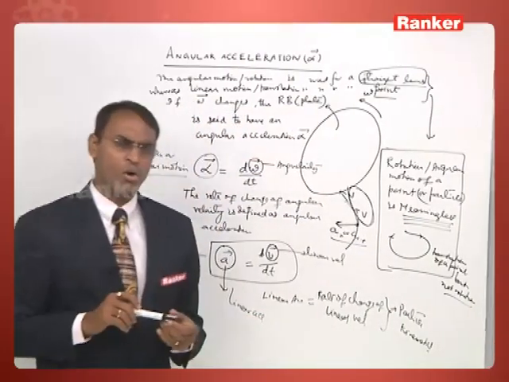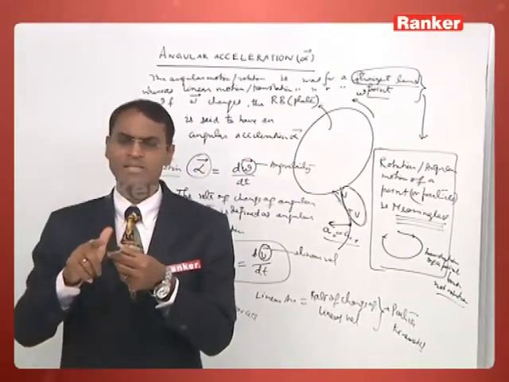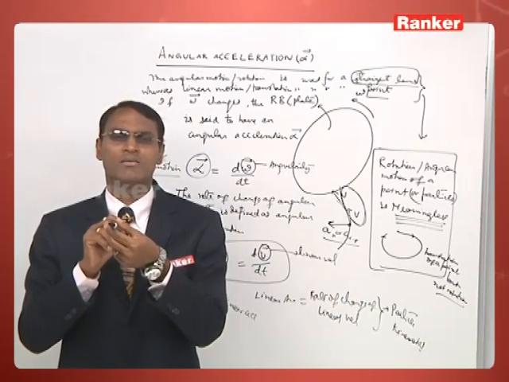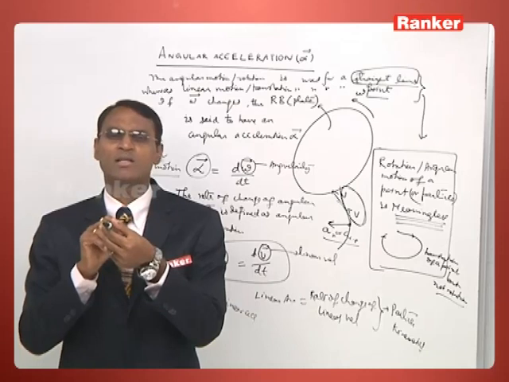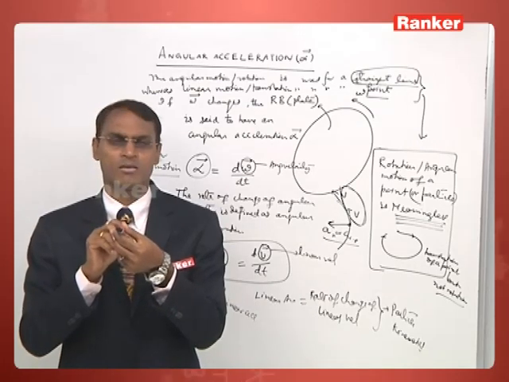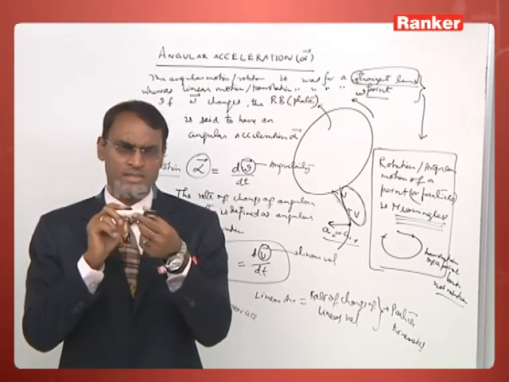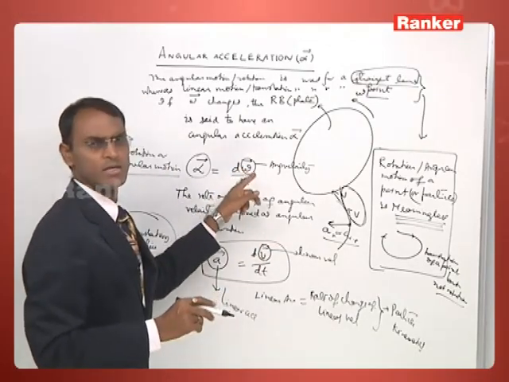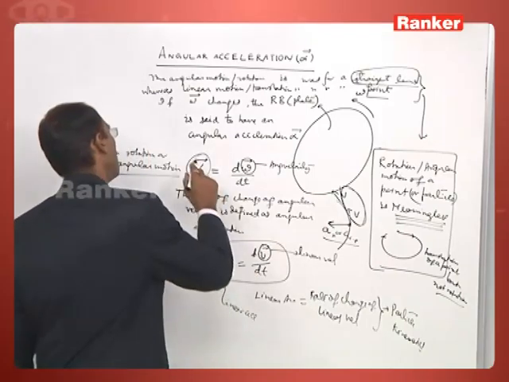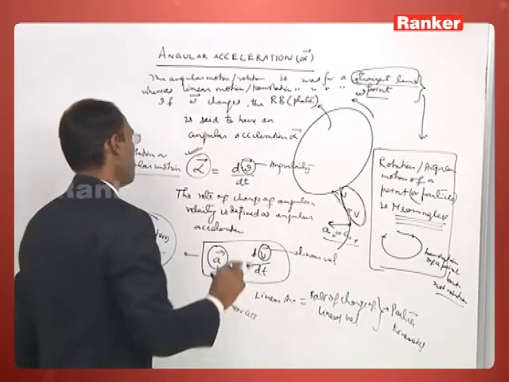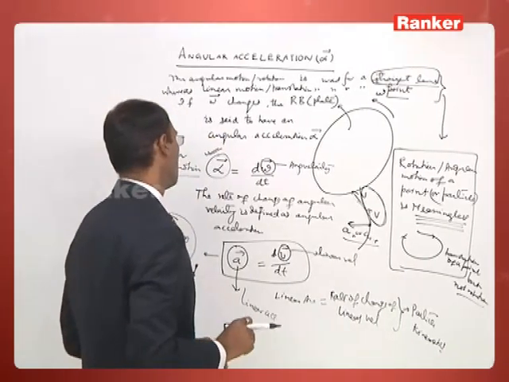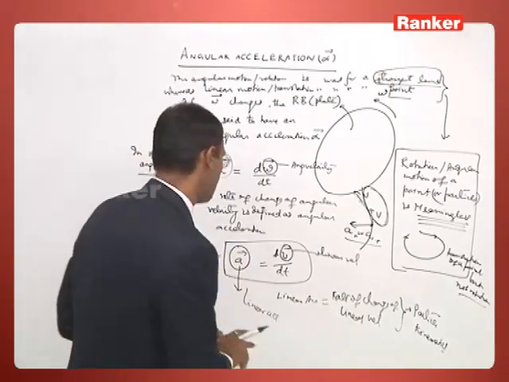While doing so, the axis of rotation, or the direction of the angular velocity, changes. Or when both magnitude and direction of the angular velocity change, the body is said to be having the angular acceleration. One by one, let us discuss.